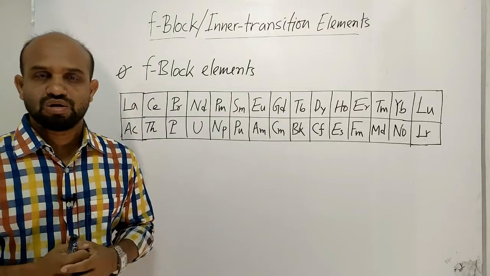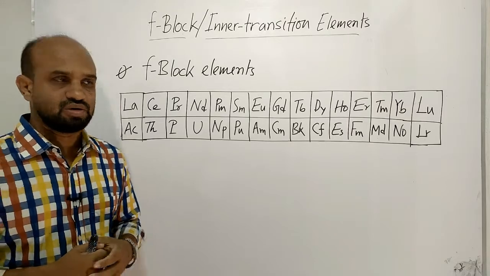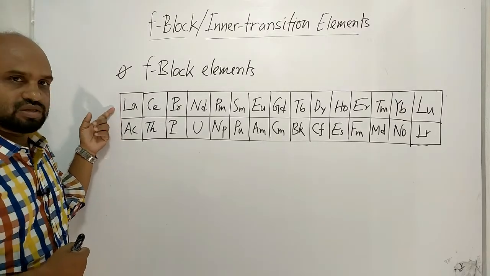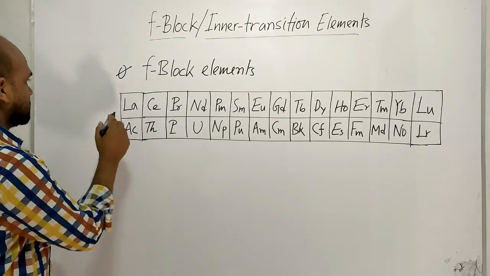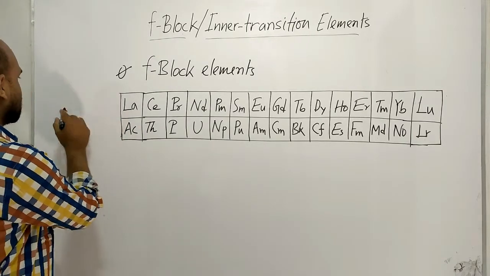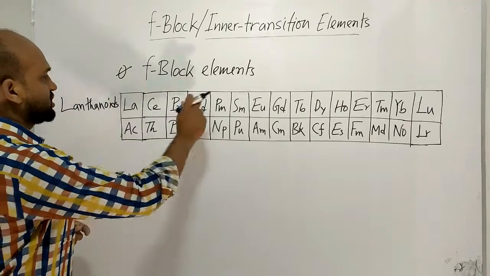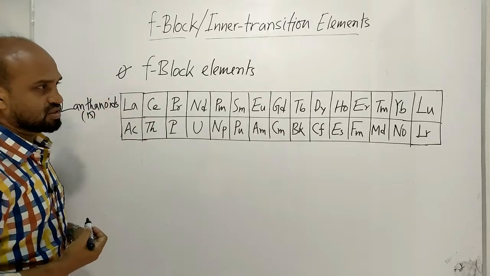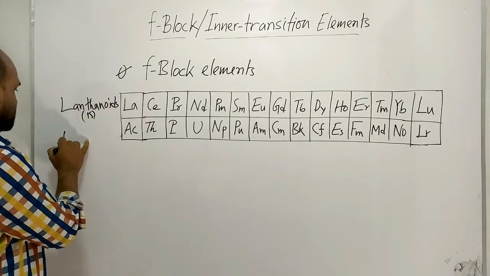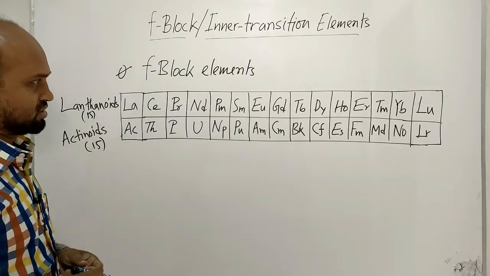There is a small table underneath the main periodic table, that is lanthanide series and actinide series. This is lanthanide series or lanthanoids with 15 elements, and this is actinide series or actinoids with another 15 elements.